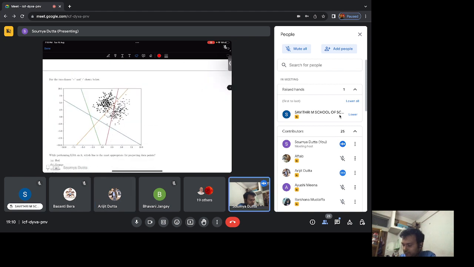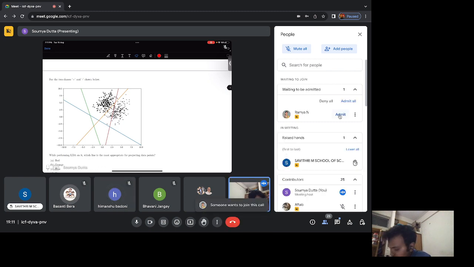So then the final question on LDA. You have the two classes, the pluses and the minuses, and you have different lines which are shown. Now which one would you think is the correct line for projecting the data points? Blue, green, orange or red? Blue. Green. So blue one, and somebody said green. Okay, so let's talk about green first.